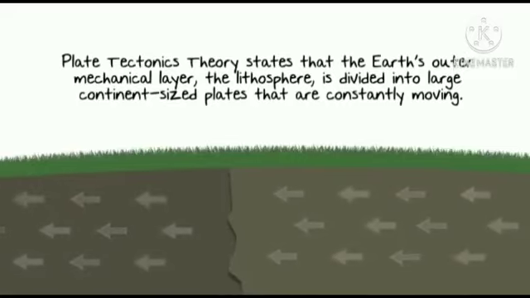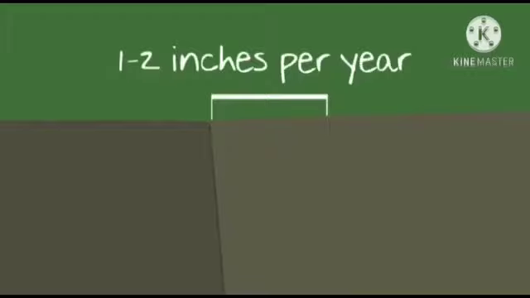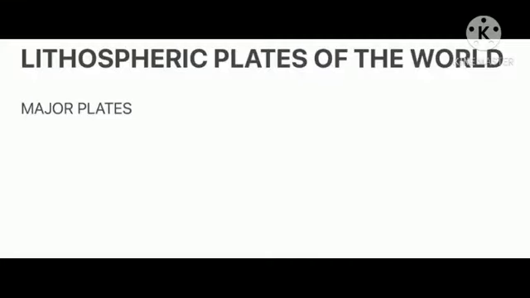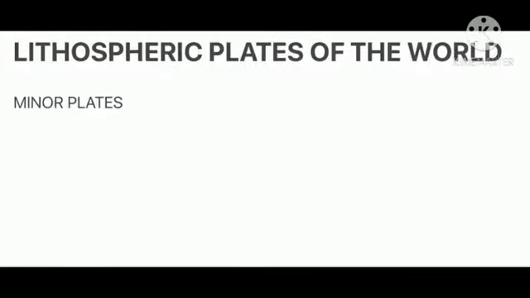They move pretty slowly at 1 to 2 inches per year. These lithospheric plates of the world have been divided into two types: the major plates and the minor plates.